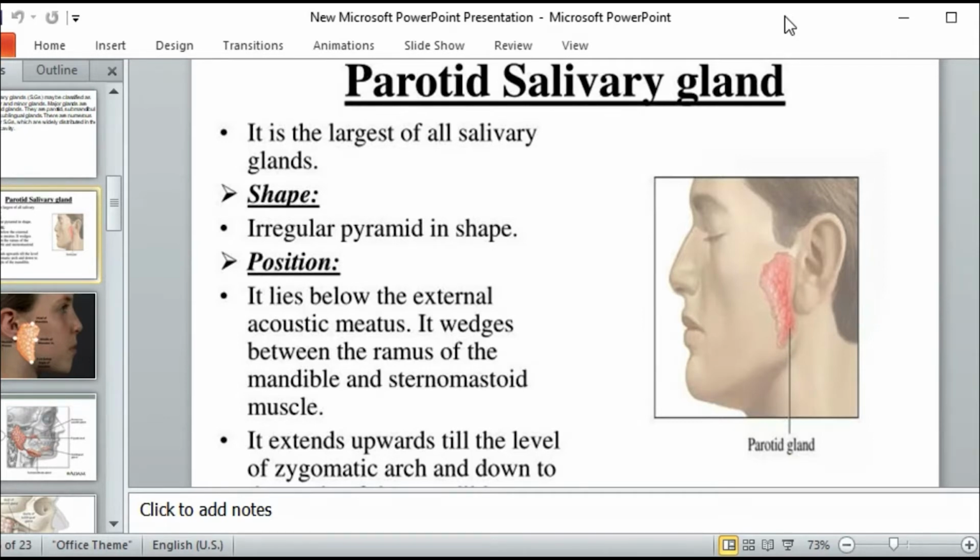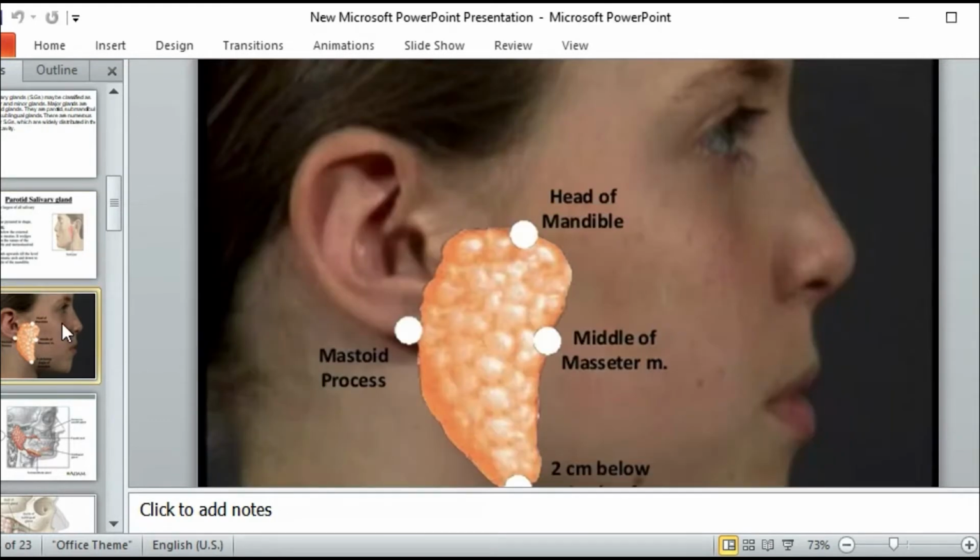About the location of the parotid gland, it is bordered by many structures: superiorly by the zygomatic arch, anteriorly by the masseter muscle, inferiorly by the inferior border of the mandible, and posteriorly by the external ear and sternocleidomastoid muscle.